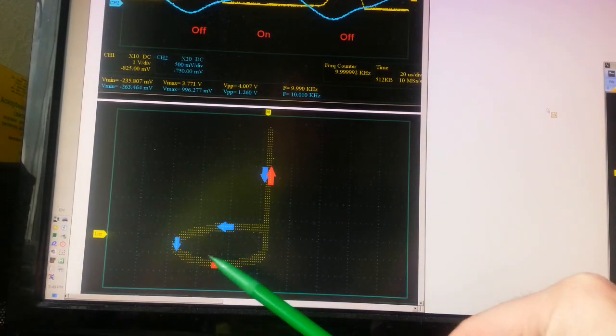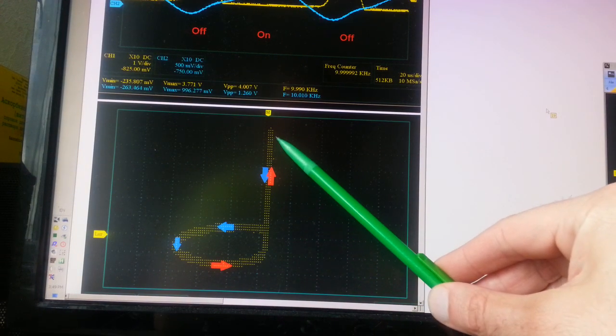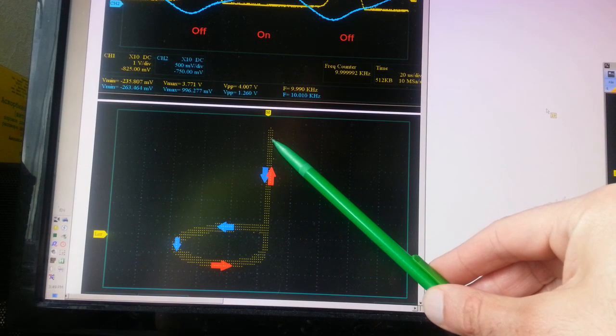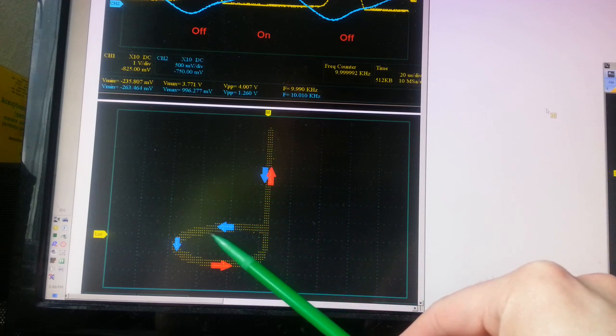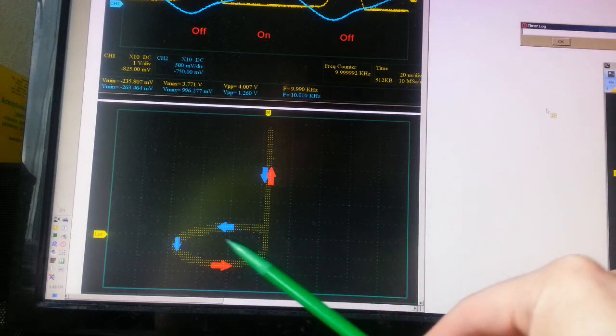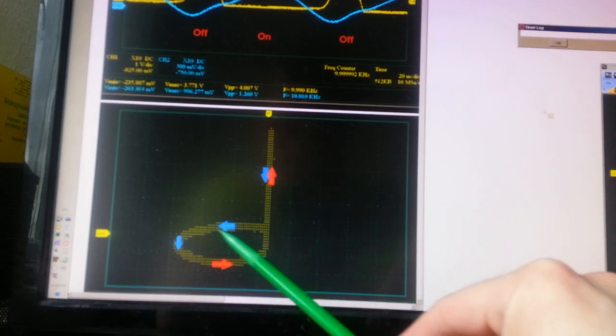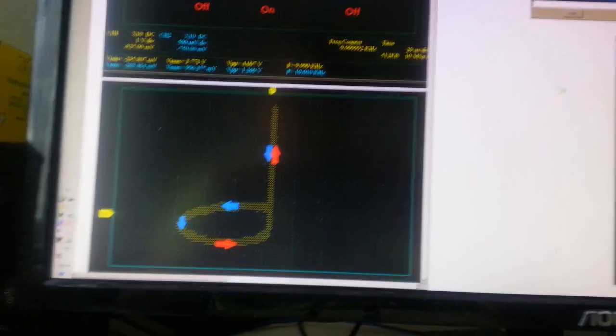But what we see here is that in one direction it goes like that, and when the polarity is flipped, we have a different path, and then it repeats. So we have this circulation and hysteresis, which is pretty interesting, I think.